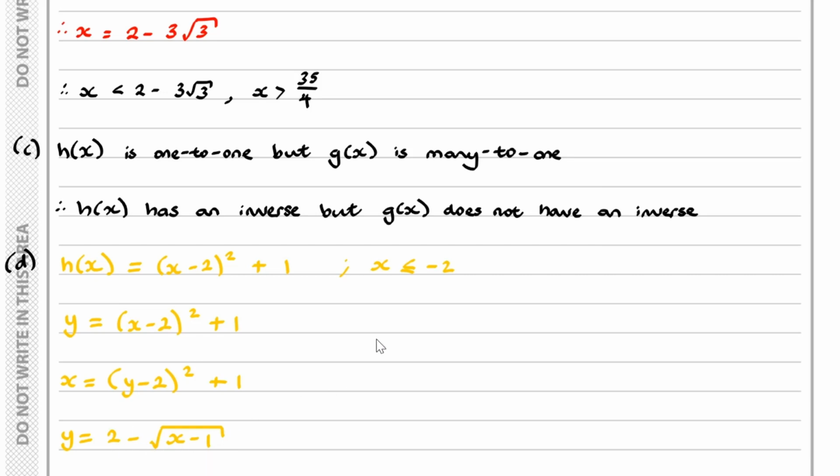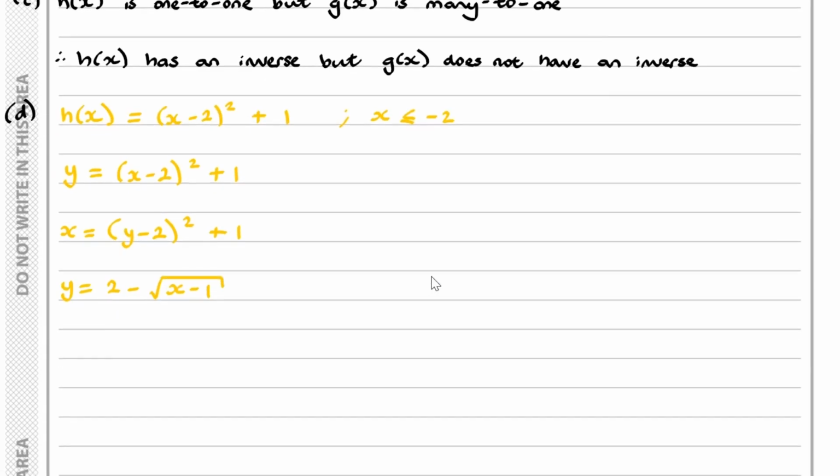And the reason we take the minus is because x is less than or equal to minus 2. And therefore, if we replace the y with the inverse of h, that's equal to 2 minus the square root of x - 1. So we're solving this equation equal to minus 1/2.